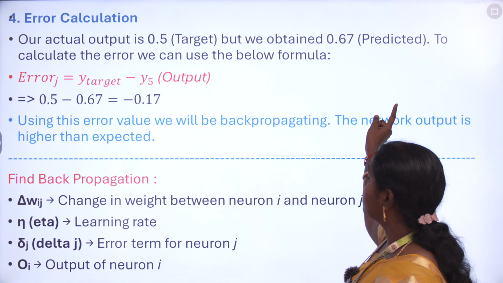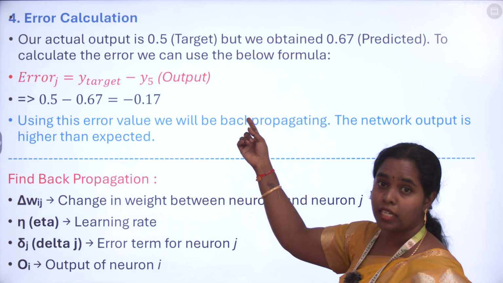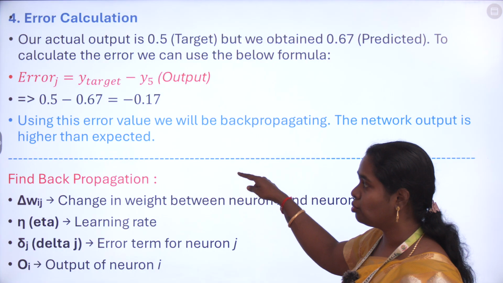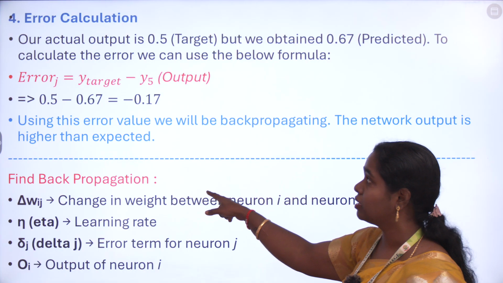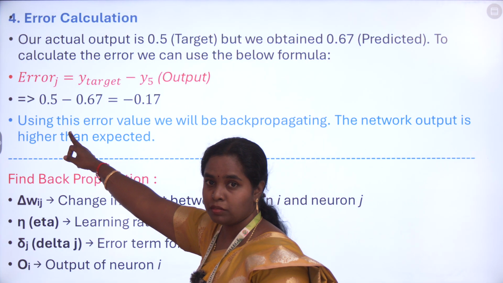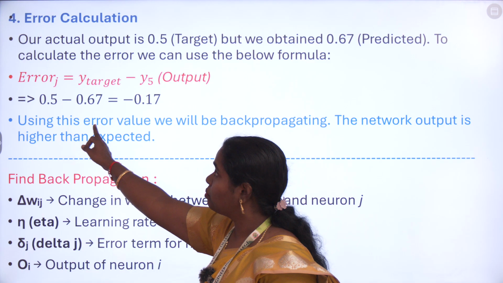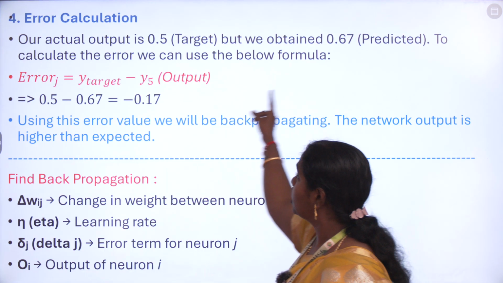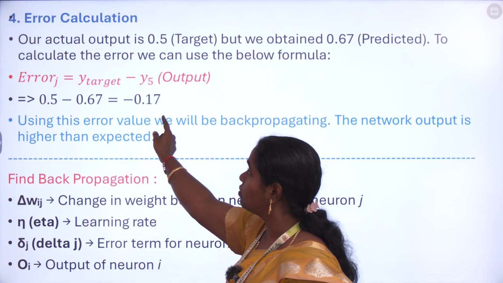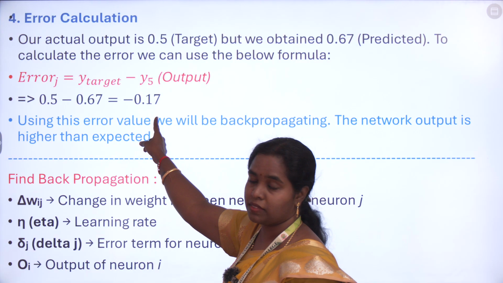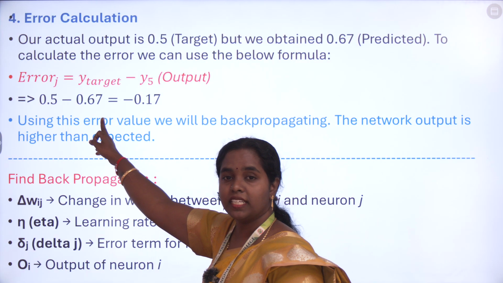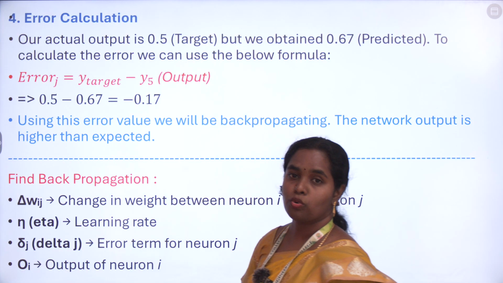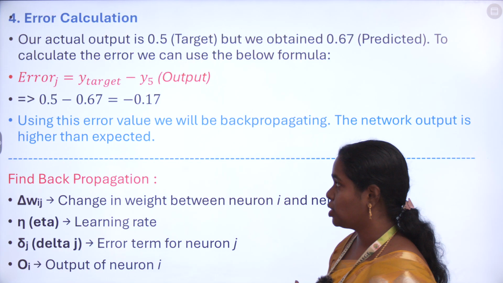So the predicted value is greater than the target value. So we need to do back propagation. 0.5, the problem value, minus the predicted value 0.67, so we get minus 0.17. This is greater than the target value, so we have to do back propagation.